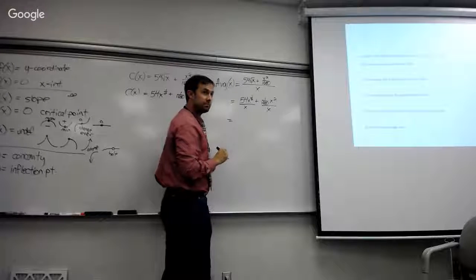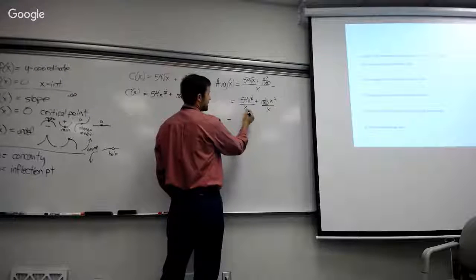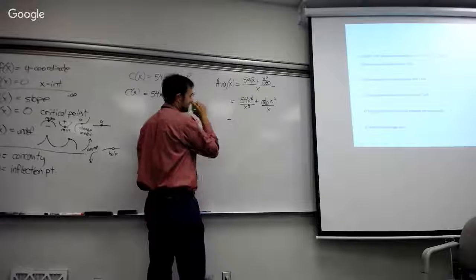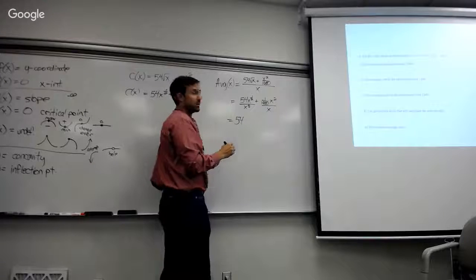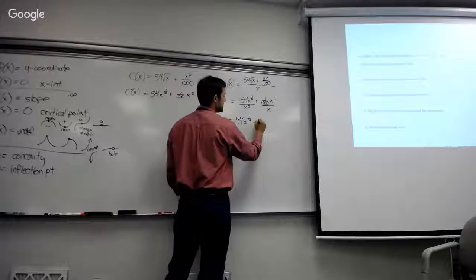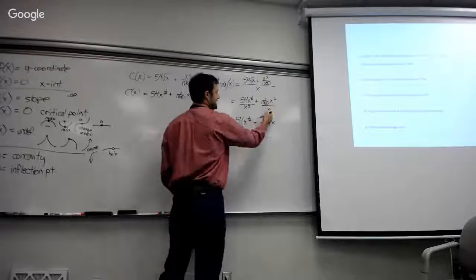Would it be 54 over x 1/2? Yeah, it would be 54 over x to the 1/2 because this is really x to the 2/2 down here. Or what else could you say? Because we're about to take the derivative of it. 54x to the negative 1/2, and then this one is simply 1/1000 x, because one of those x's canceled out.